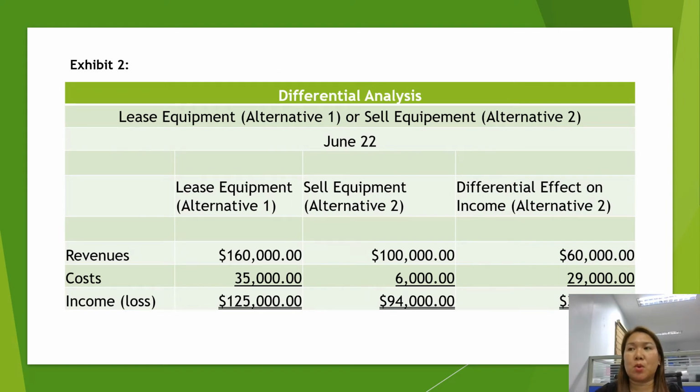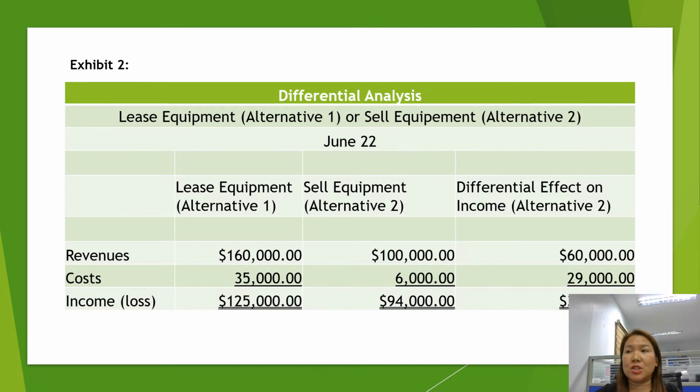Exhibit 2 shows the differential analysis of whether to lease or to sell the equipment. If the equipment is sold, differential revenues will decrease by $60,000. The differential cost will decrease by $29,000, and the differential income is a decrease of $31,000.